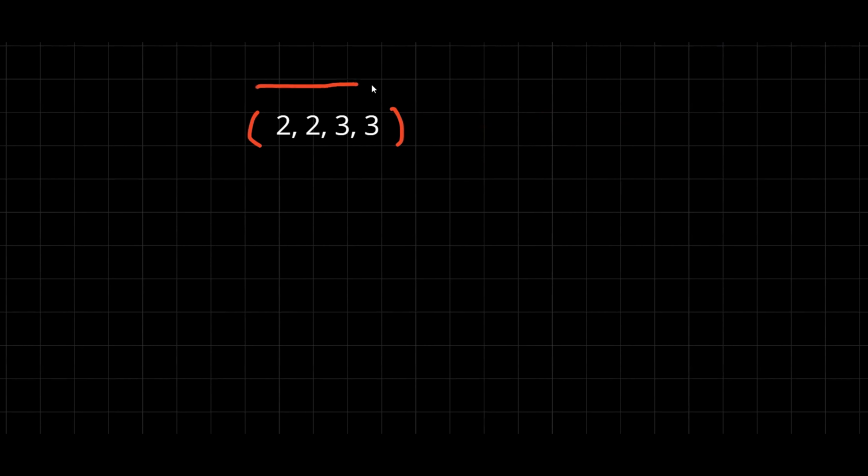Now we have to iterate over each element from left to right, and if we find any element, we have to mark it visited. Suppose initially we have found the element 2, and we have somehow marked it as visited.